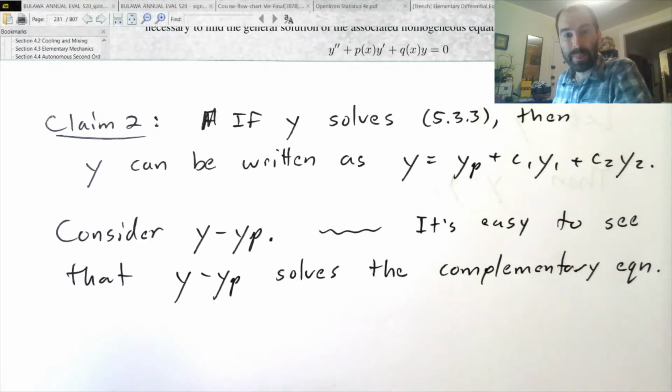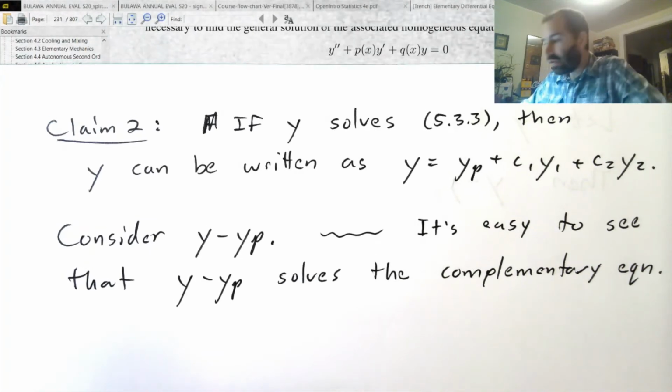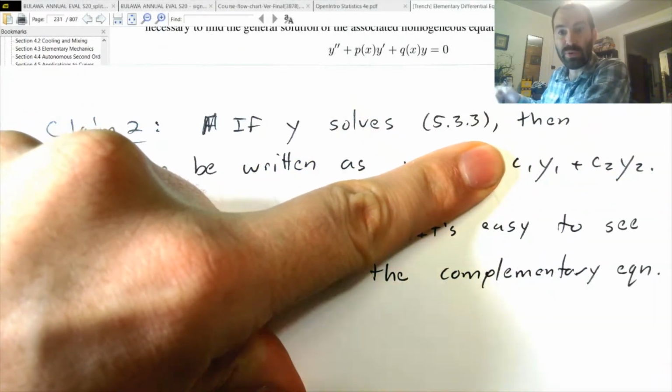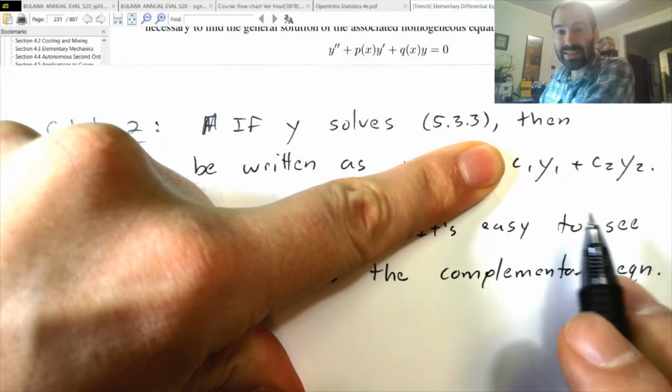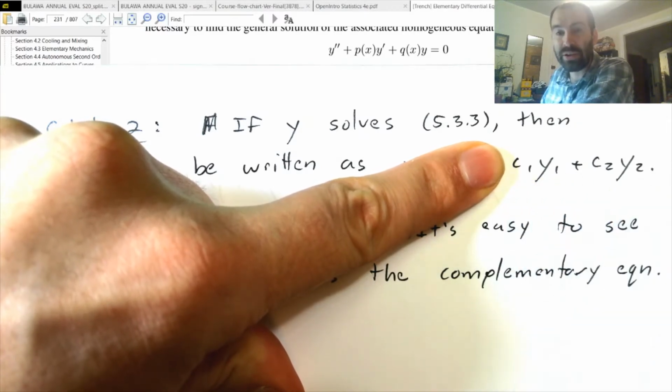Now, what can we do with this? Well, remember from the previous videos, the previous chapters, if something solves the complementary equation, then we know it can be written in this form. That's what a fundamental set is. It's a set of functions so that any solution can be written as a linear combination of them.